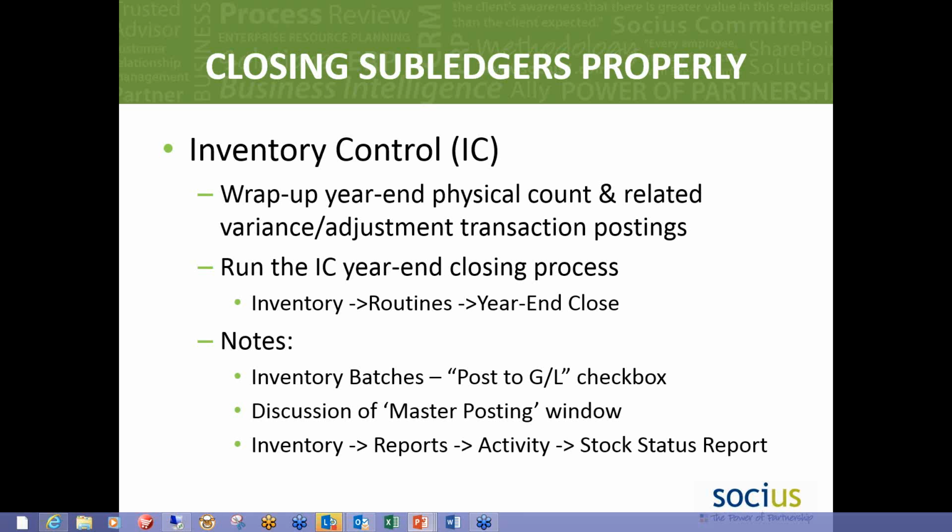If you have multiple batches out there, you can use the master posting functionality, in which case you can post not only inventory, but all of the module transactions prior to running your year-end process. And lastly, there are several important reports in inventory. The stock status report and the historical stock status report are two of those, and you can find those in Inventory Reports Activity.